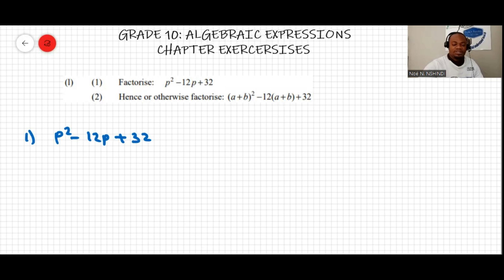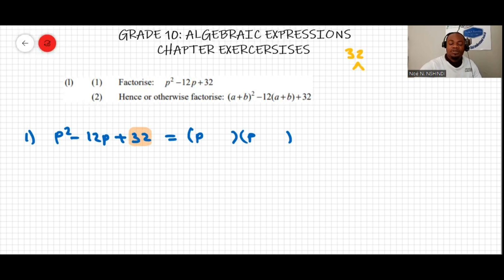The fact that we don't see any coefficient in front of the p squared, we understand it's 1, or the fact that we don't see any coefficient at all, we can just place p within the brackets like this. And then we're going to consider the last term, which is 32. And then I'll write here 32.